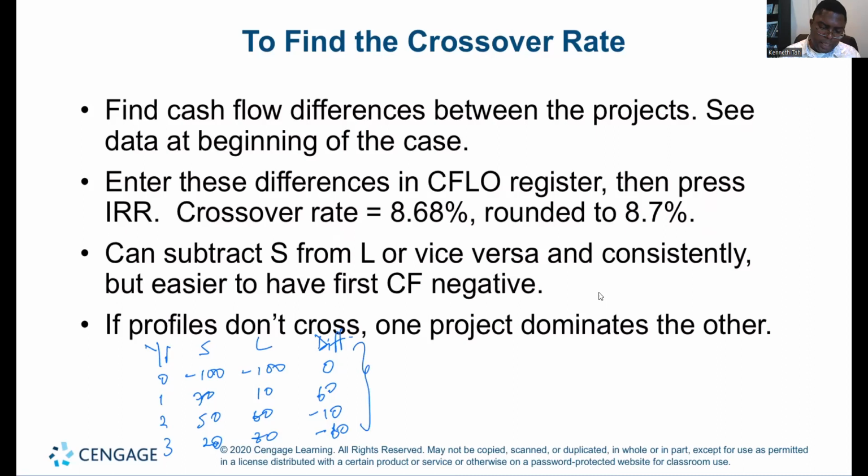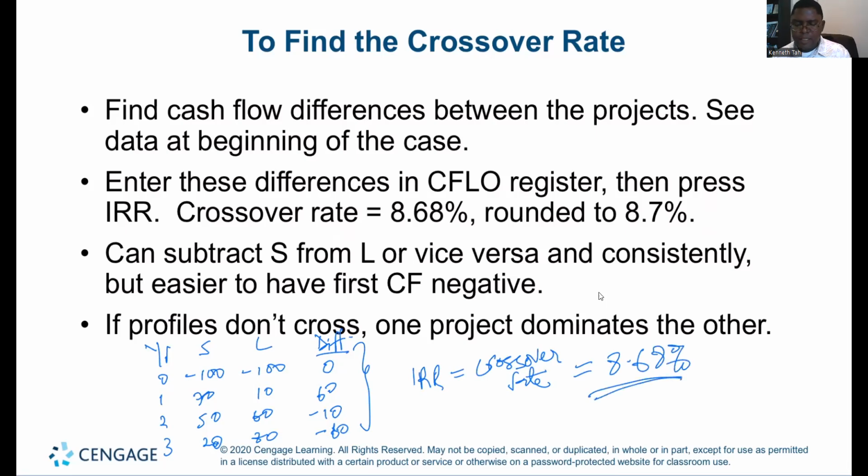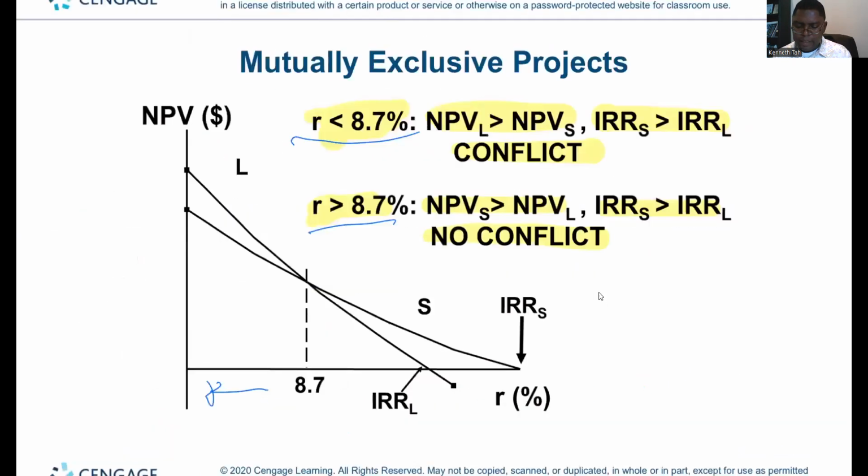The internal rate of return of this difference is really what we call the cross rate, the crossover rate. If we do that, that will give us 8.68%.